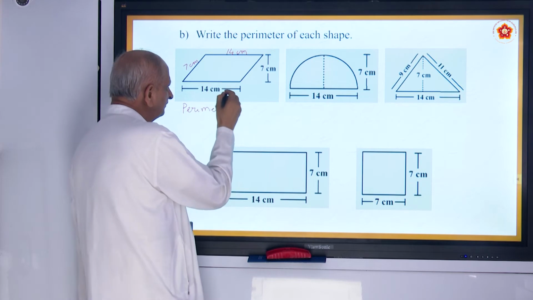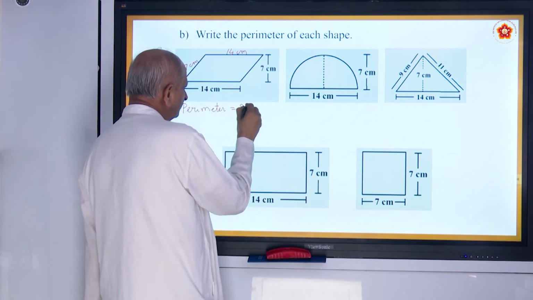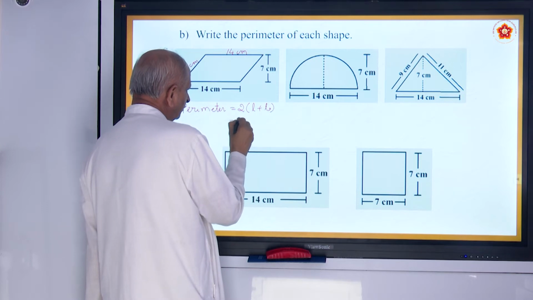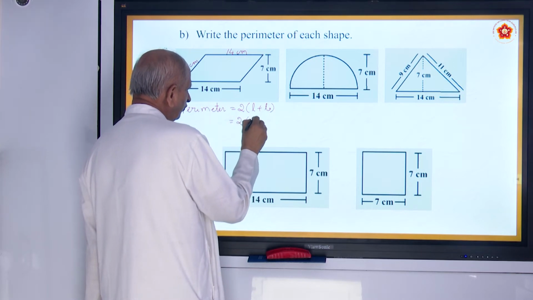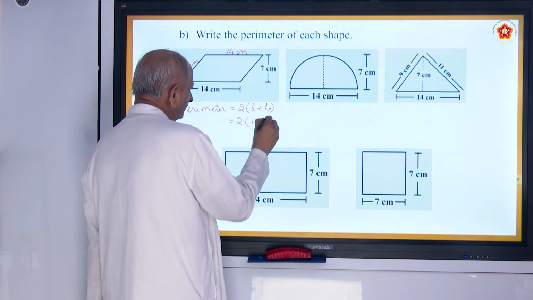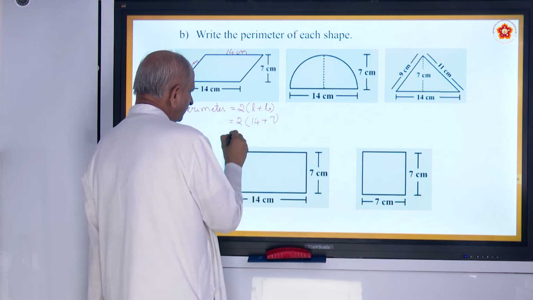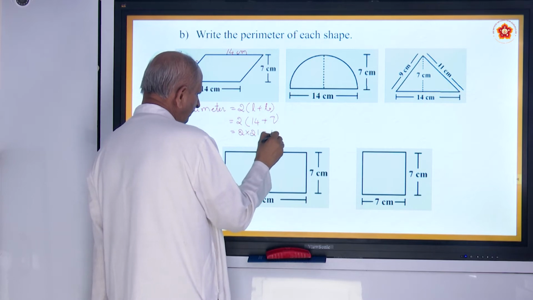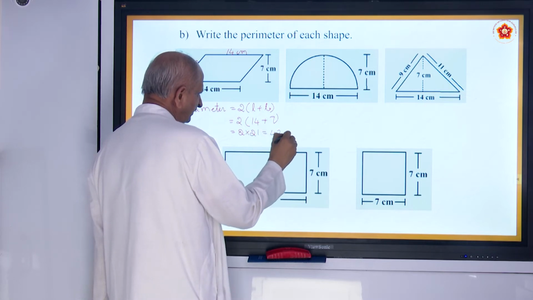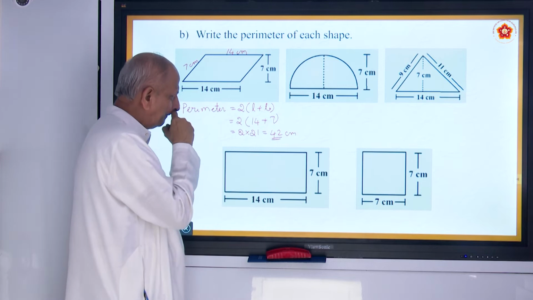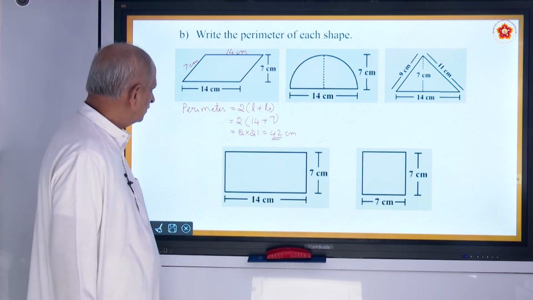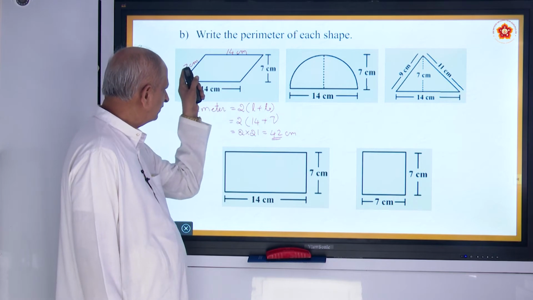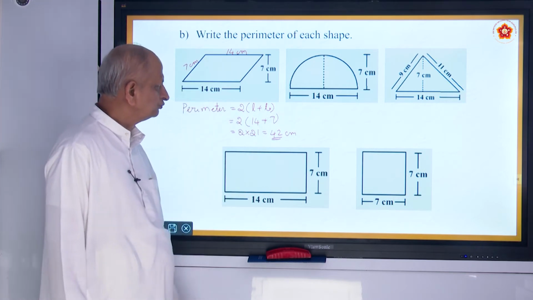So there will be 2 lengths and 2 breadths which are equal. So 2 into 14 plus 7, 2 into 21 is 42. Now the unit is only centimeter. So 14 plus 14 is 28 plus 14 becomes 42.